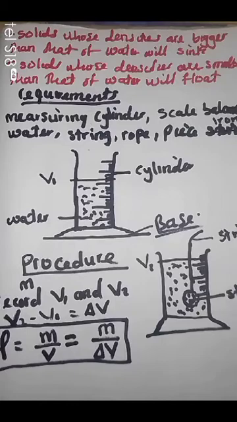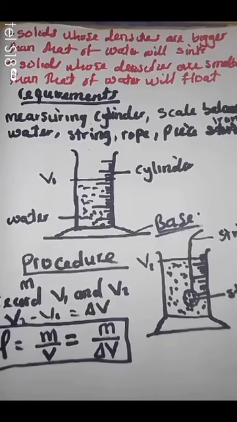Now the first use is that high density materials, and we can give examples like lead, are used in gamma radiation shields.